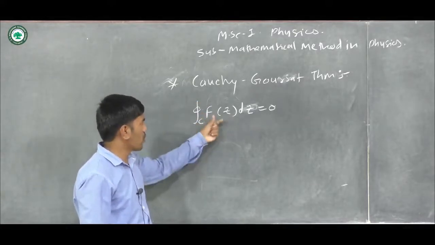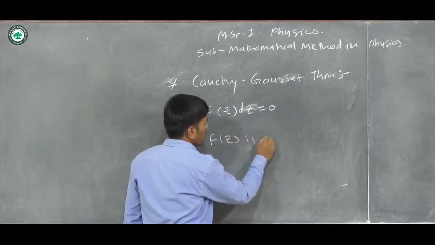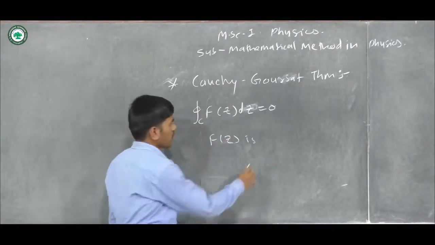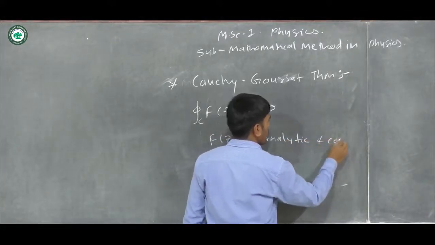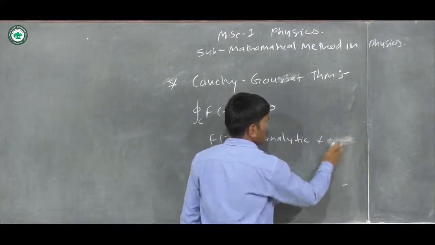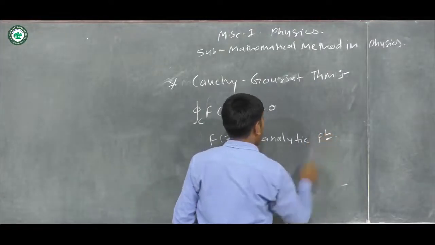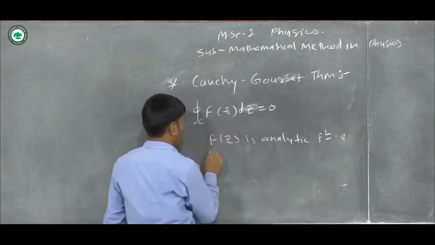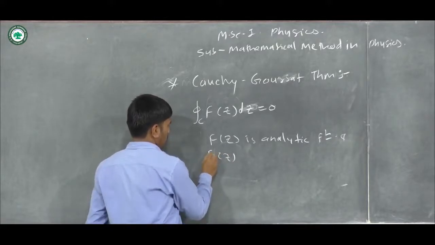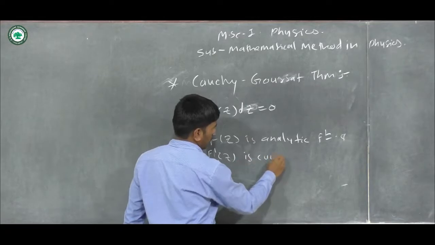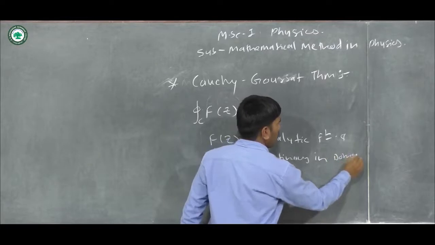Here f of z is an analytic and continuous function, and f prime of z is continuous in the domain or region.